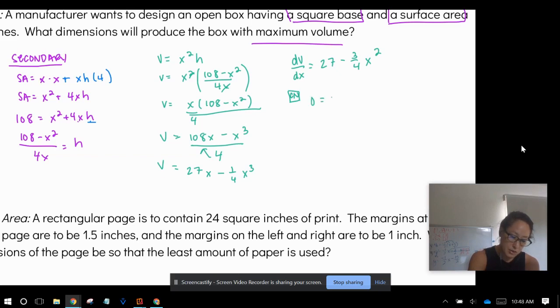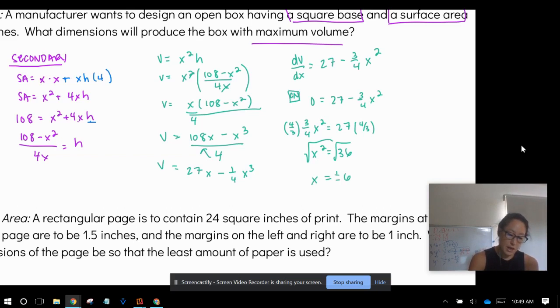So 0 equals 27 minus 3/4 x squared, which means 3/4 x squared equals 27. Multiplying by the reciprocal, x squared is 36, so x is equal to plus or minus 6.